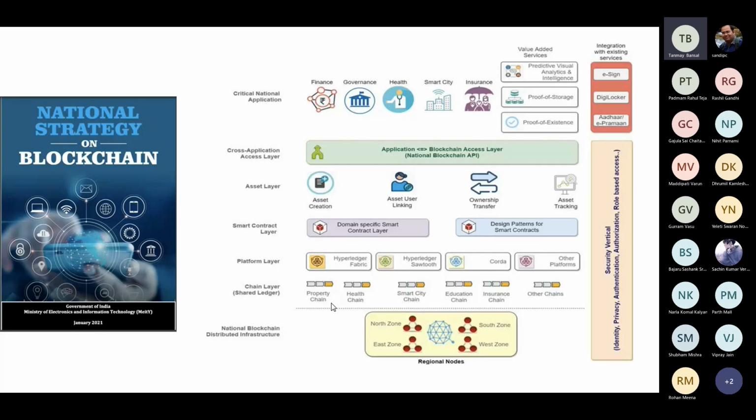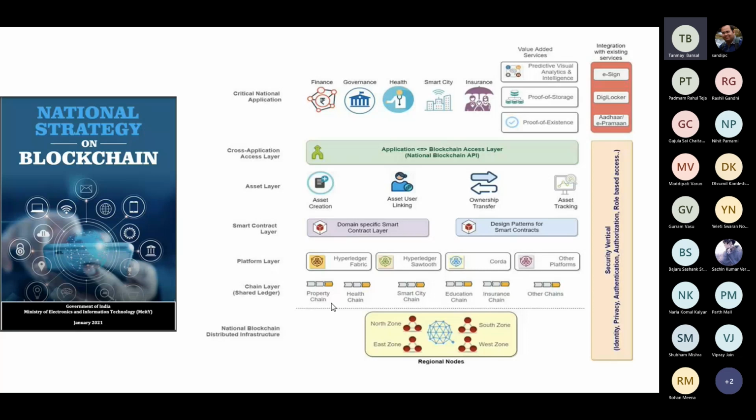And then smart contract, there are domain specific smart contract layers or design patterns for smart contracts. Then in the asset layer, there is this creation of asset, transfer of ownership, and then tracking of assets. And then we have, more importantly, the cross application access layer, where this notion of interoperability comes, where we have to have certain levels of access across multiple blockchains.